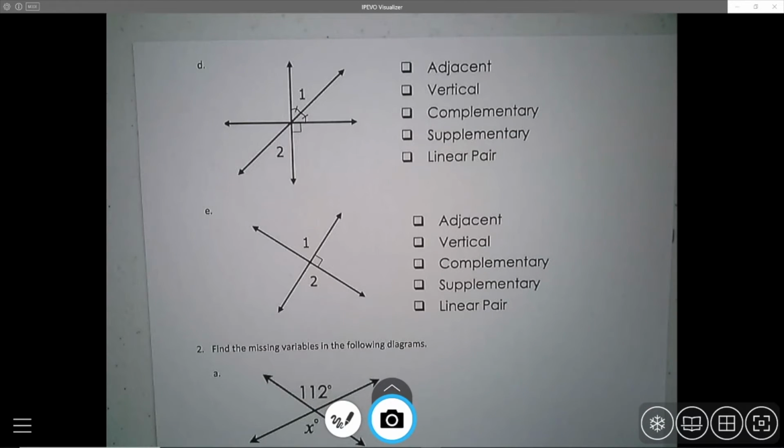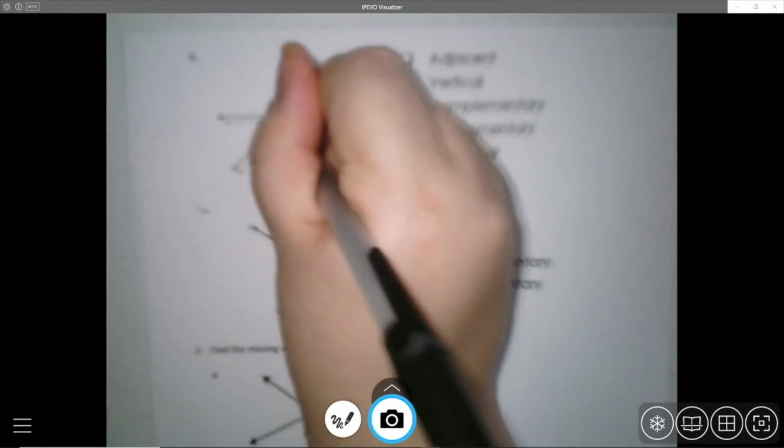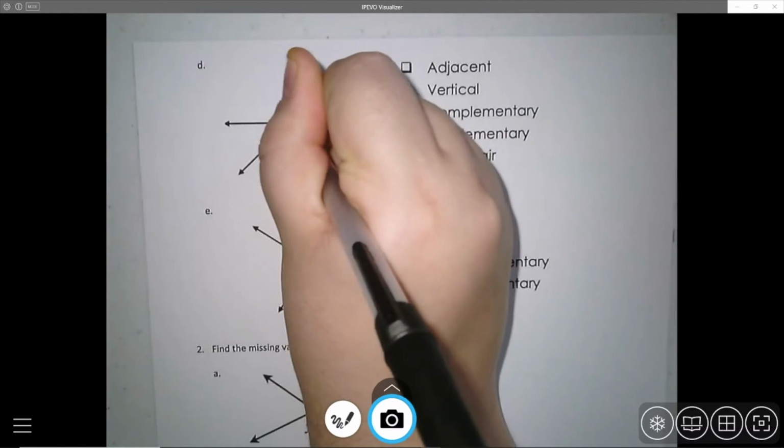Okay, let's go here to some more. Looking here at D, there's a couple of things that we have to talk about before we can walk through all of these. Let's start here with this box.